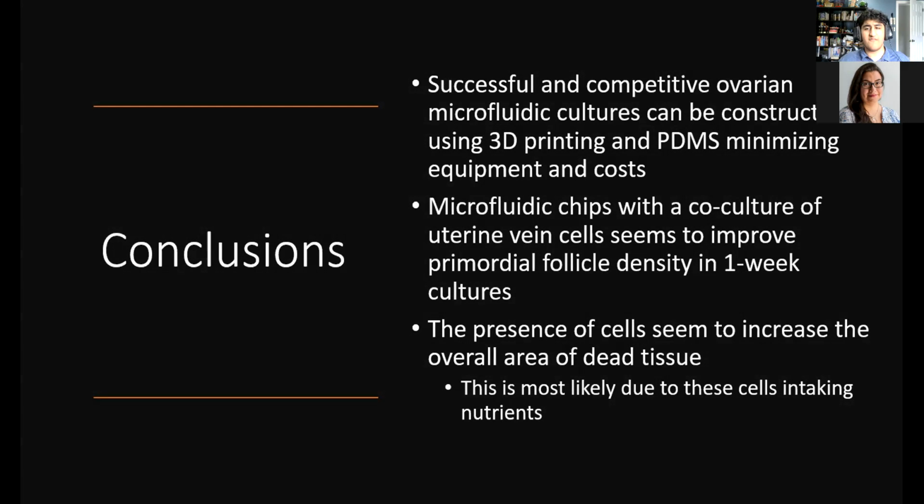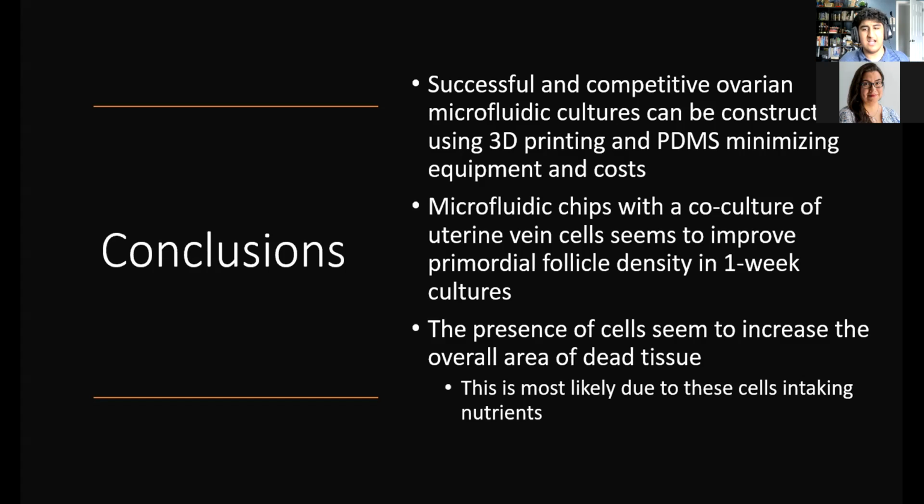So what can we conclude from this data? Well, first, we can conclude that successful and competitive ovarian tissue microfluidic cultures can be constructed using 3D printing and PDMS, and this minimizes equipment and costs. These inexpensive cultures provide even more benefit, as you can then rapidly prototype them with little to no cost and experiment with them with flexibility.